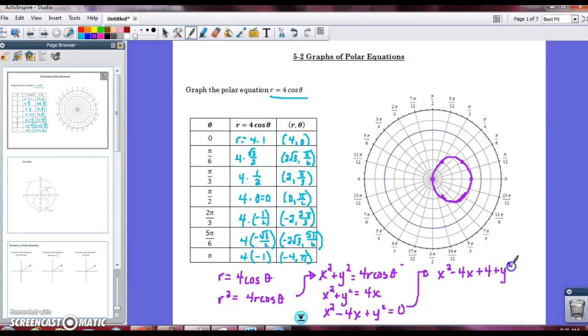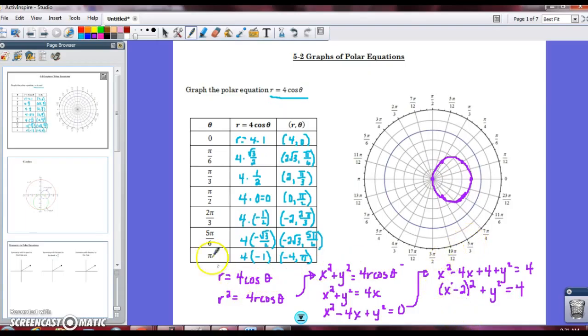And remember, whatever you add to one side of your equation, you have to add to the other. And that gives me x minus 2 squared plus y squared is equal to 4. Okay, so that tells you that the center of your circle is at 2, 0 with a radius of 2. And you can pretty much see that from this graph here.